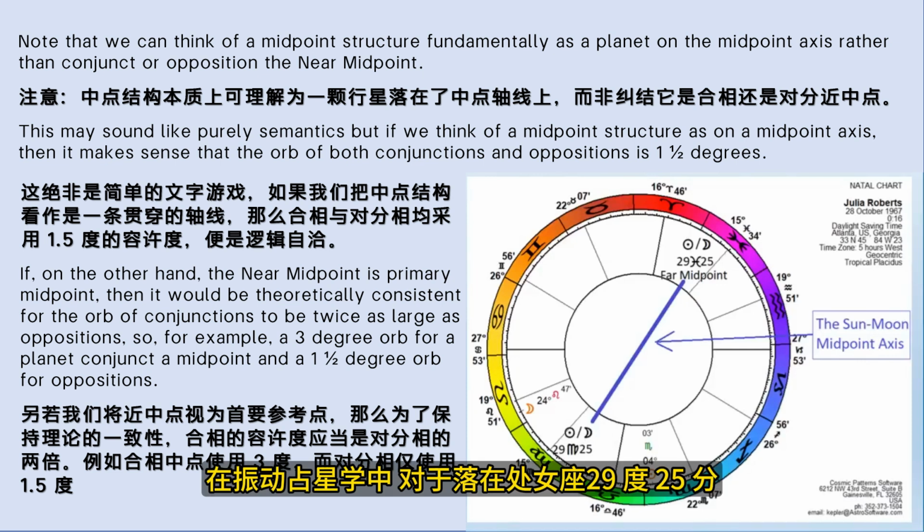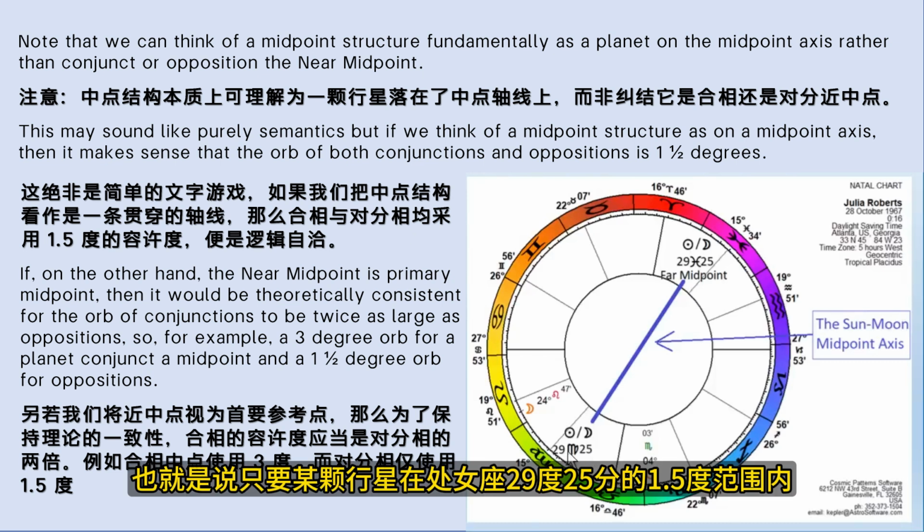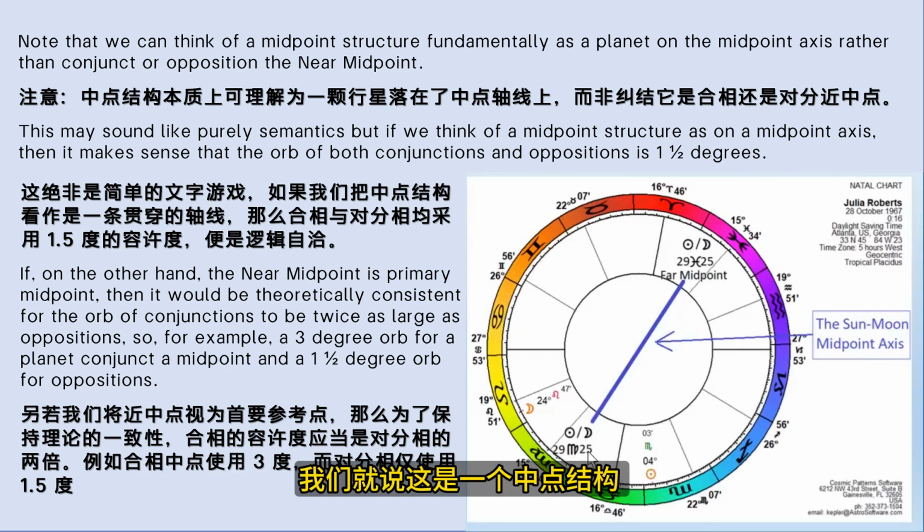Now, in vibrational astrology, we use a 1.5 degree orb for a planet near 29 Virgo 25. So if a planet is within 1.5 degrees of 29 degrees 25 minutes of Virgo, we say that that's a midpoint structure and that planet is conjunct the midpoint of Sun and Moon.